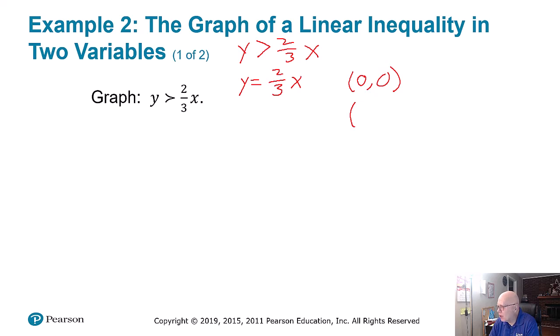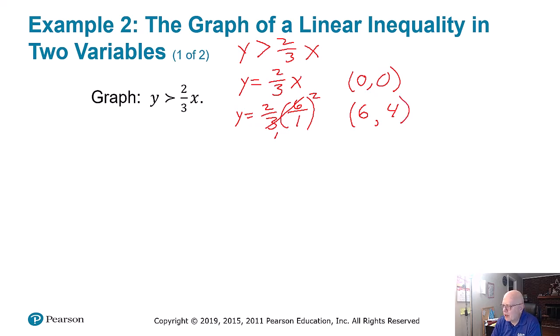And if I pick a multiple of 3 for my x, it's going to make the calculations a little bit easier. So let's suppose I pick a 6 for x. Then I'll have y equals 2/3 times 6. Since I'm working with fractions, I'll make that 6/1. I'll be able to reduce this a bit, and I've got the point 6, 4.